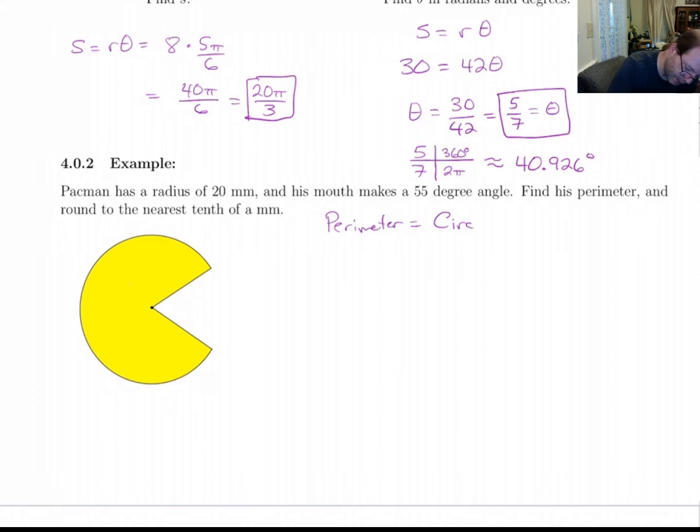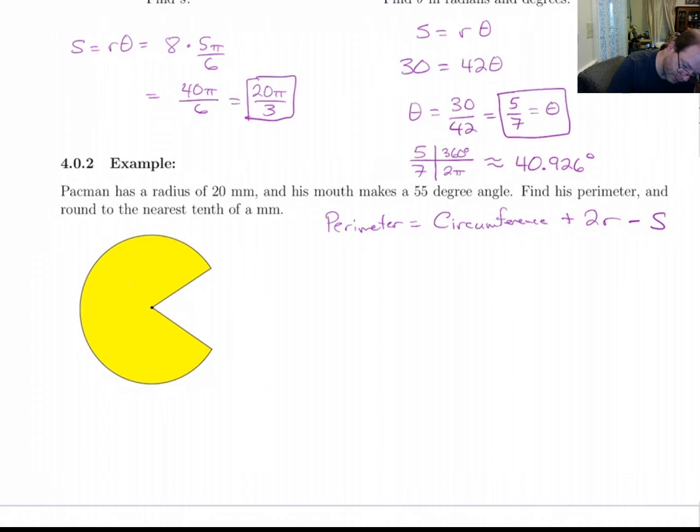Or actually, there are a couple things we could do. We could do the circumference plus twice the radius, because you gotta account for this and this, and then subtract out the sector.